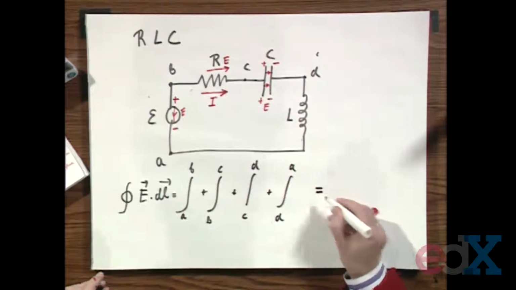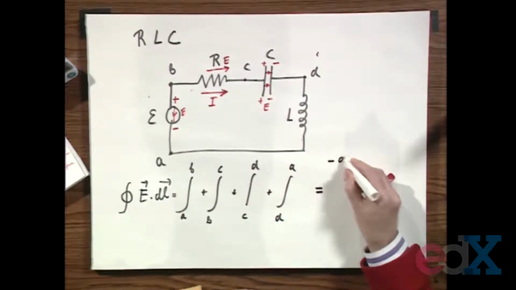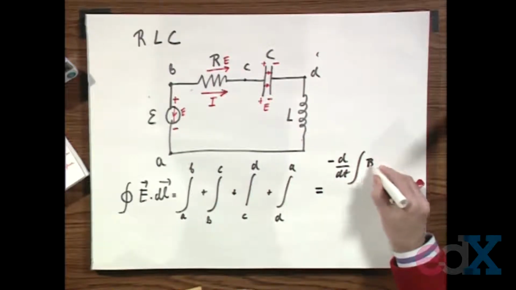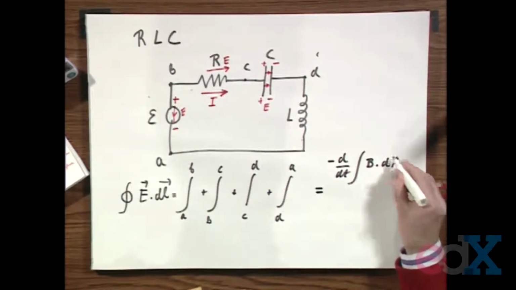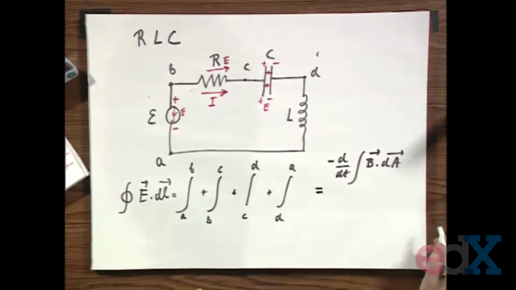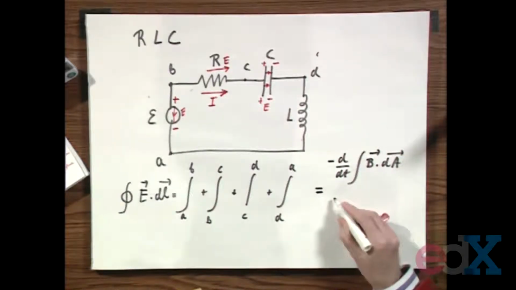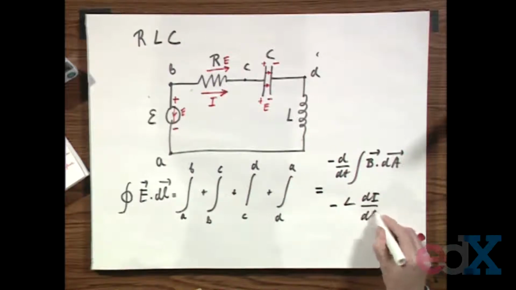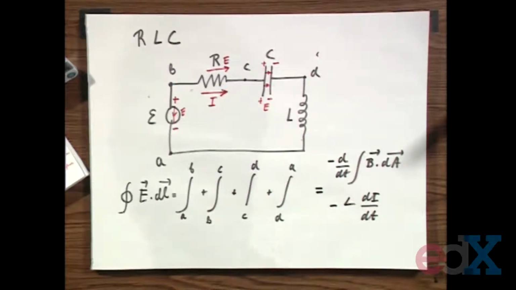And this now, according to Faraday's law, equals minus d/dt of the magnetic flux through that open surface, B dot dA. And it also equals minus L di/dt. We discussed that last time, so I will not go into that.